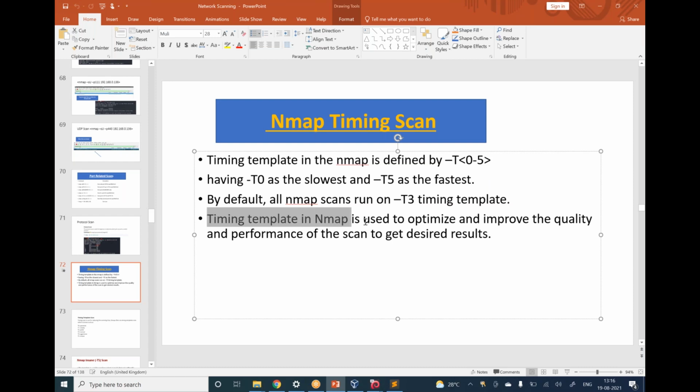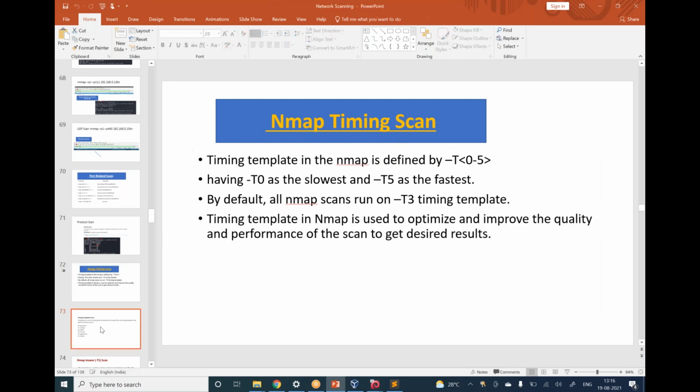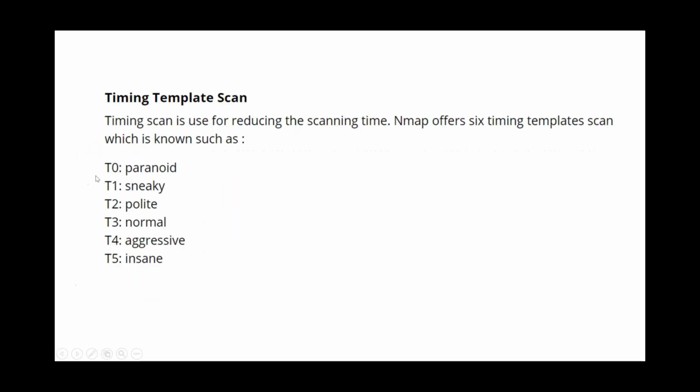The timing template in Nmap is used to optimize and improve the quality and performance of the scan. There are names for it: T0 is called paranoid, T1 sneaky, T2 polite, T3 normal, T4 aggressive, and T5 insane. Why am I showing this? Tomorrow if you write a certification, questions can come up asking which is the default timing template for Nmap, and you should say T3.